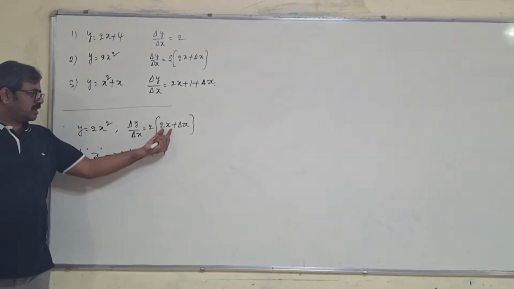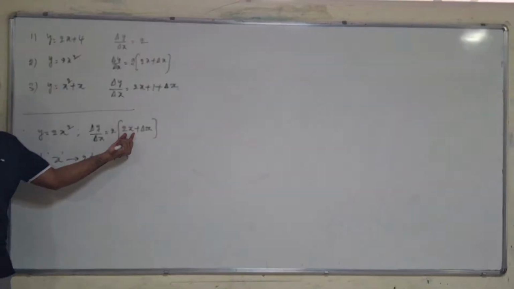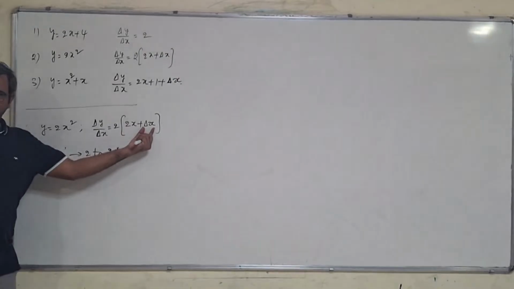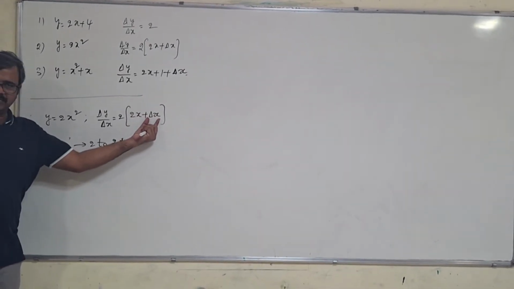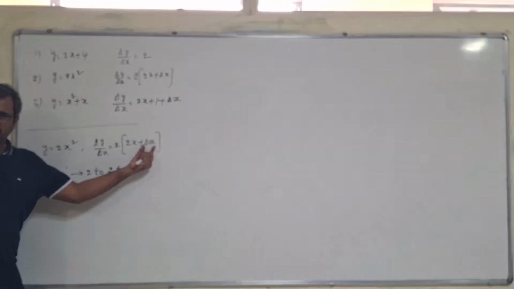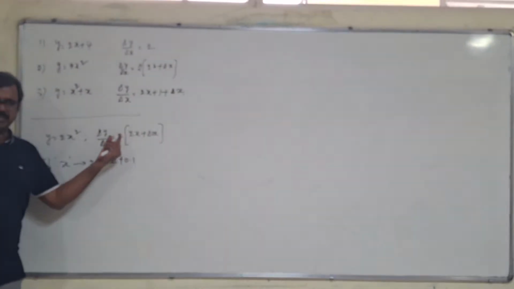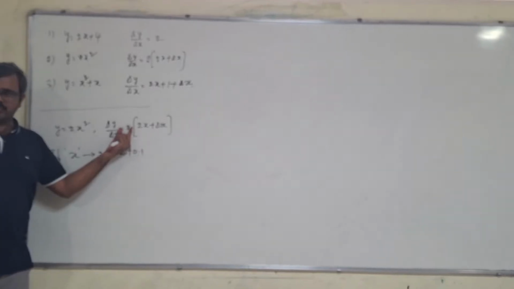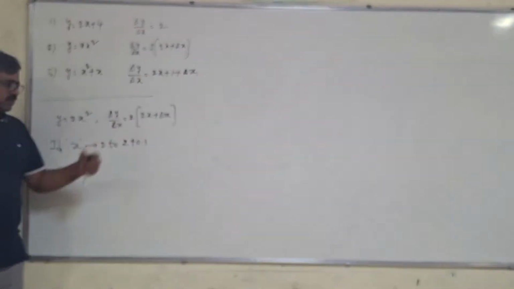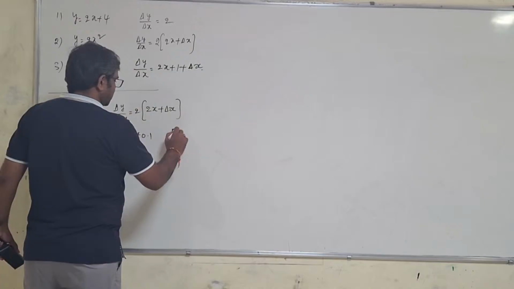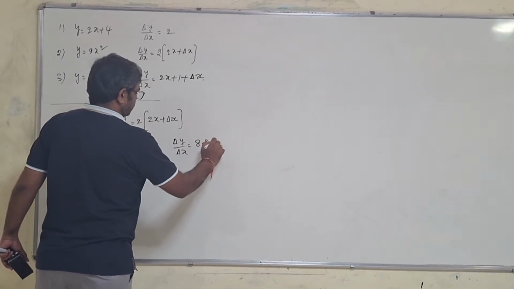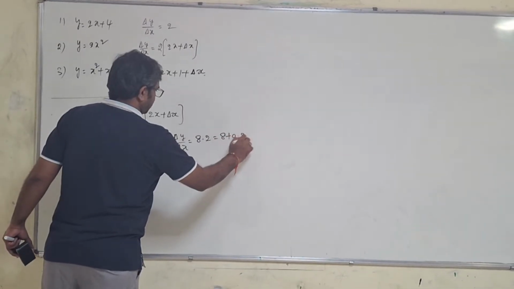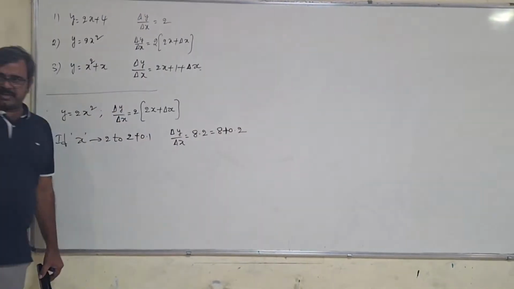What would you get? 2 into 4 plus 0.1, how much? 2 into 4.1, what do you get? 8.2. So you get delta y by delta x is equal to 8 plus 0.2. Let me write it like this for the time being.